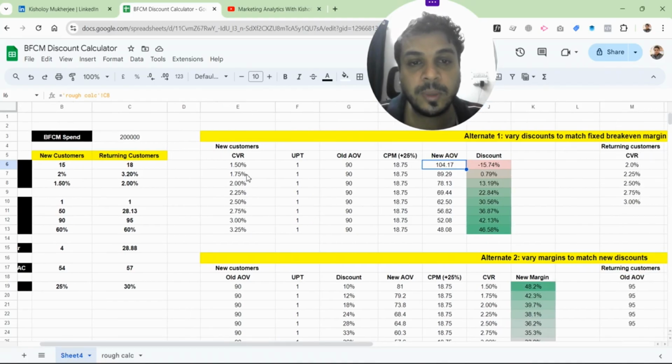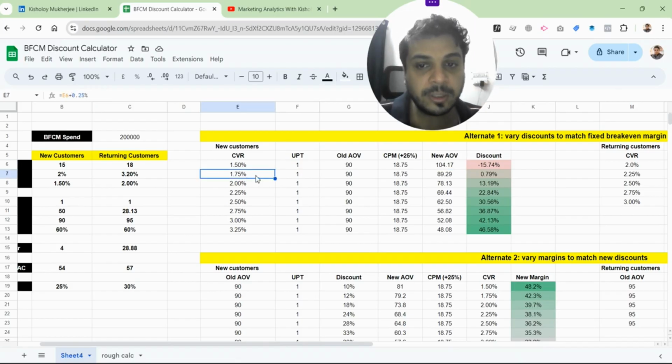In order to be profitable, this is just the baseline. This is the break even that I'm talking about. So you will actually have to do better than that. Maybe the conversion rate has to be a little better, or maybe a little lower CPM if it's possible. But the idea is that you have to at least hit that number in order to be able to give this level of discount. So we start getting into the positive zone at some point.